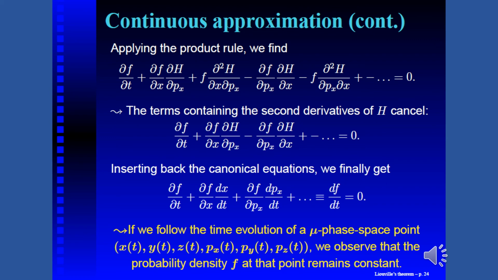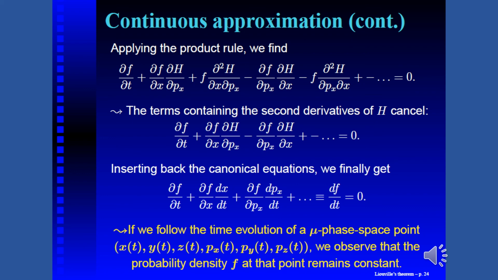The terms containing the second derivatives of h cancel, so partial f over partial t plus partial f over partial x partial h over partial px minus partial f over partial px partial h over partial x plus so on is equal to 0.